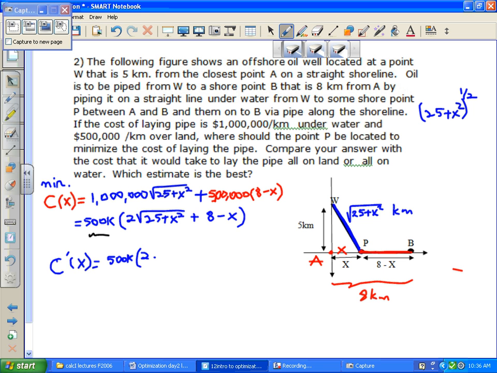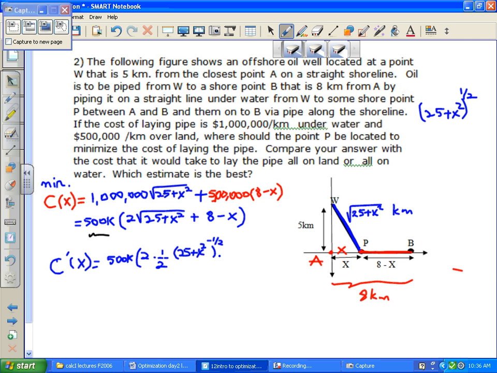So what should I be doing first to differentiate that? Bring the 1/2 down. Then raise it to which power? To negative 1/2 power, because we subtract 1, right? And then multiply everything. As Ryan suggested, he said, let's use a chain rule, right?